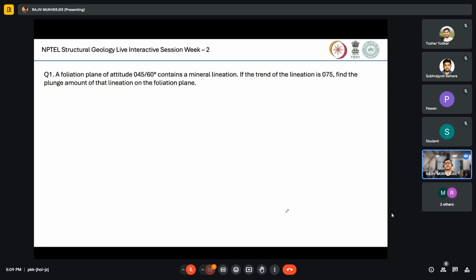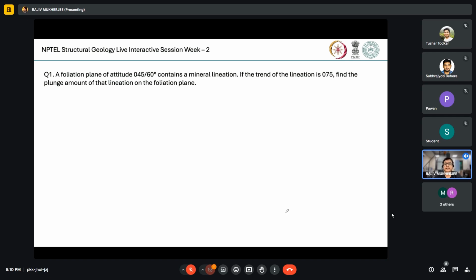Okay. So these were the derivations, and now we will solve some problems here. So the first three problems will involve the formulas we just derived, and then we will go for quick sessions regarding these structural attributes. This kind of question commonly appears in GATE, NET, JAM, or any kind of competitive examinations. Right? Okay. So the first question tells that a foliation plane of attitude 045/60 degree dip contains a mineral lineation.